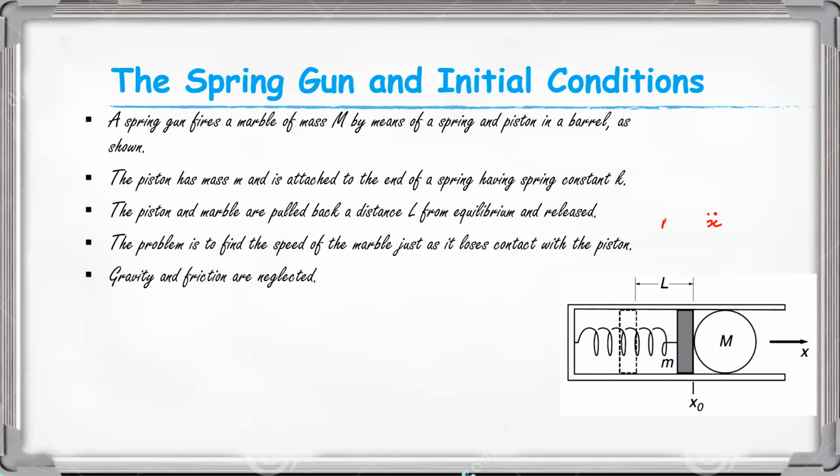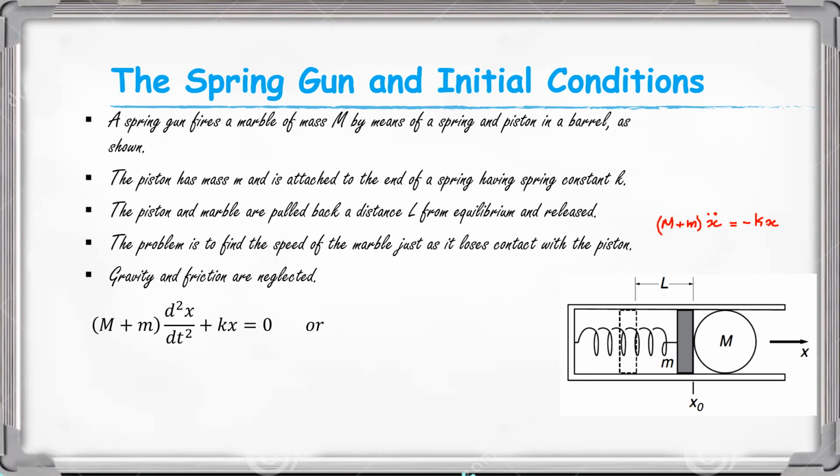Then (m plus M) x double dot is equal to minus kx. It is the equation of motion, or we can write it as (m plus M) d square x by dt square plus kx is equal to 0.